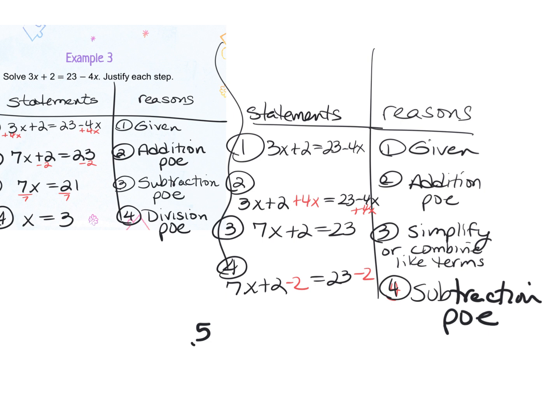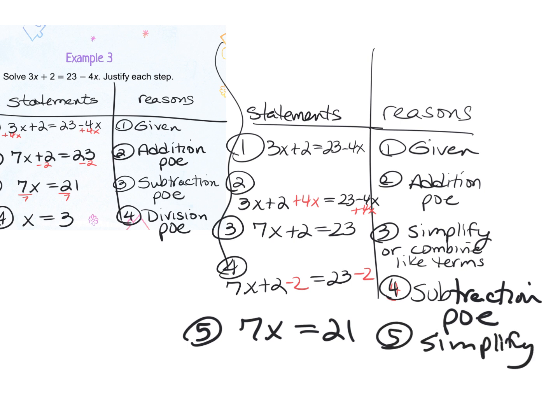And then the next one would be subtracting that 2 and getting it to the 7x equals 21. And again, this would be simplify. So you're adding in the extra step because you're showing the red as a step. But you don't have to. You could do it the way I showed you the first way.